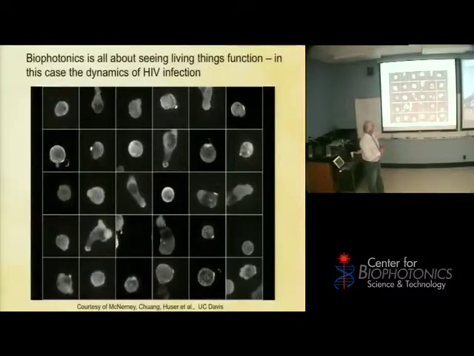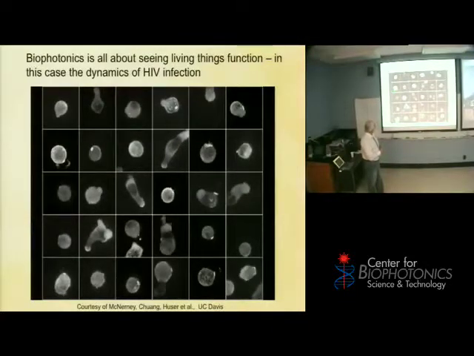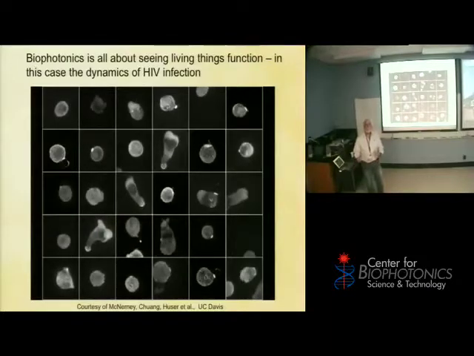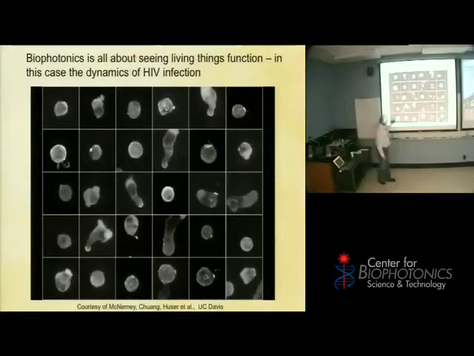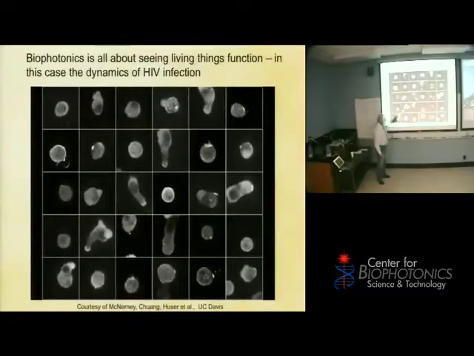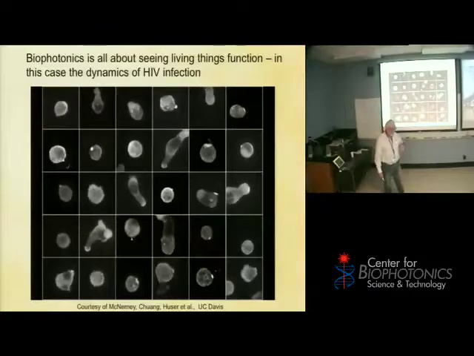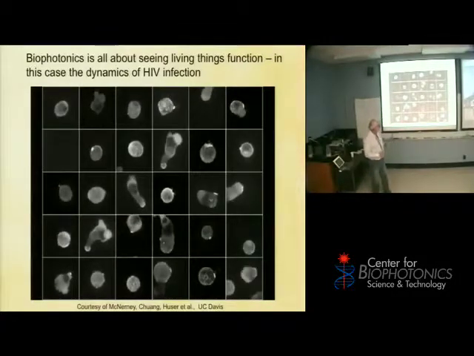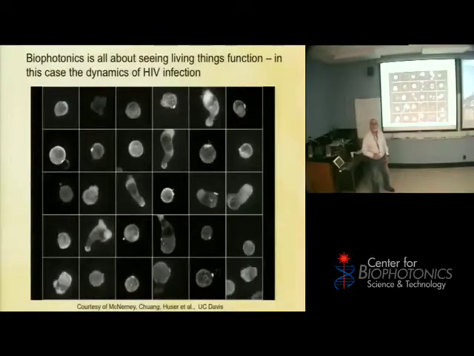That gives us the capability to see a lot of different cells, not having to study just one cell and see what happens. In this particular case, there's one cell, a T cell, that's been infected with HIV, and in the GAG protein of the HIV there is a green fluorescent protein label.